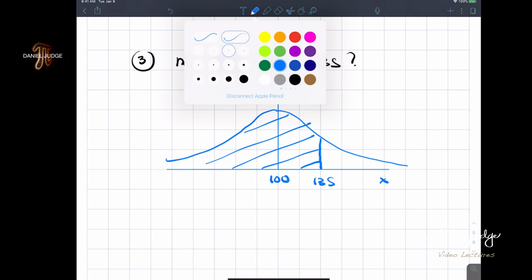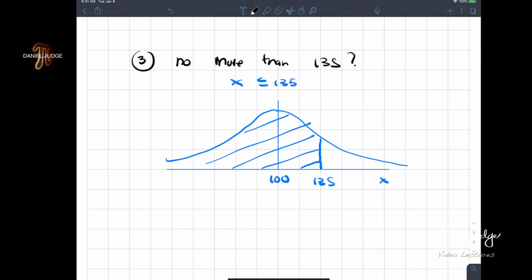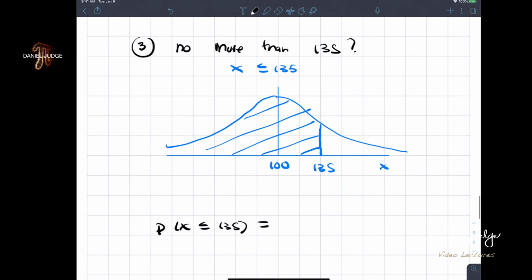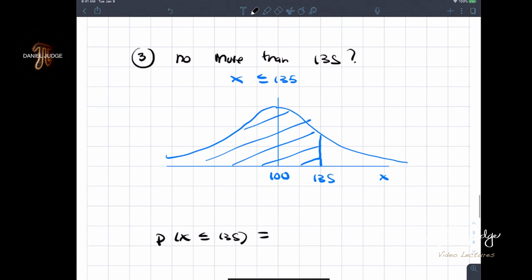So here's what we can do. Here's the notation. Let's put it a little bit lower. All right, now let's be careful here. If I want to use the TI, I need a lower bound value and an upper bound. You're going smaller to larger.